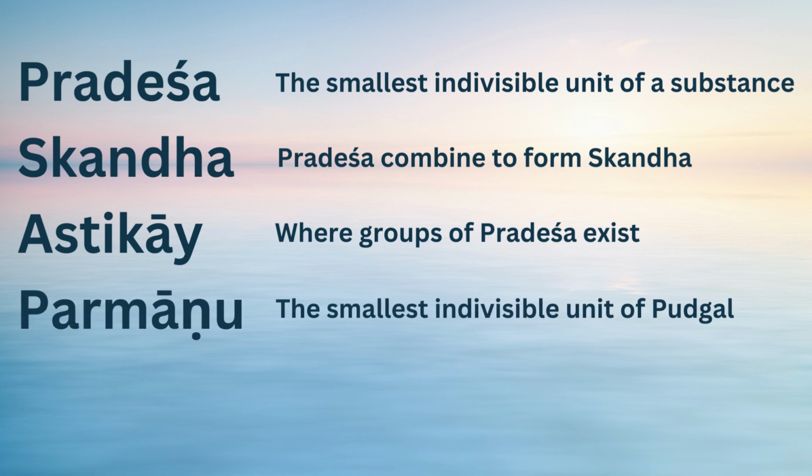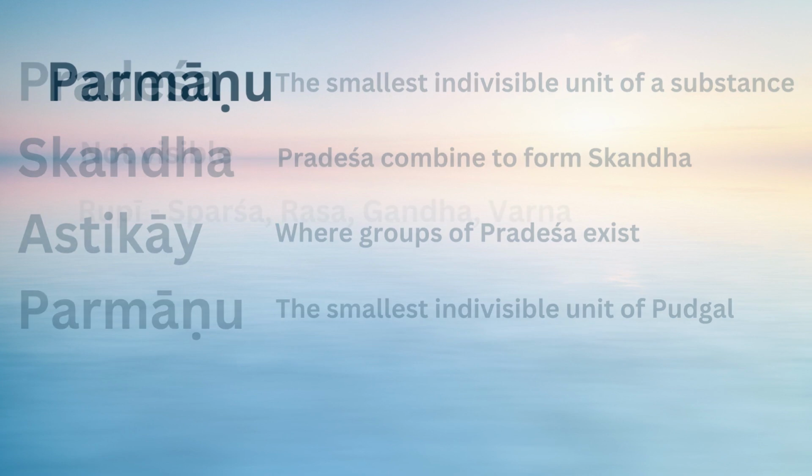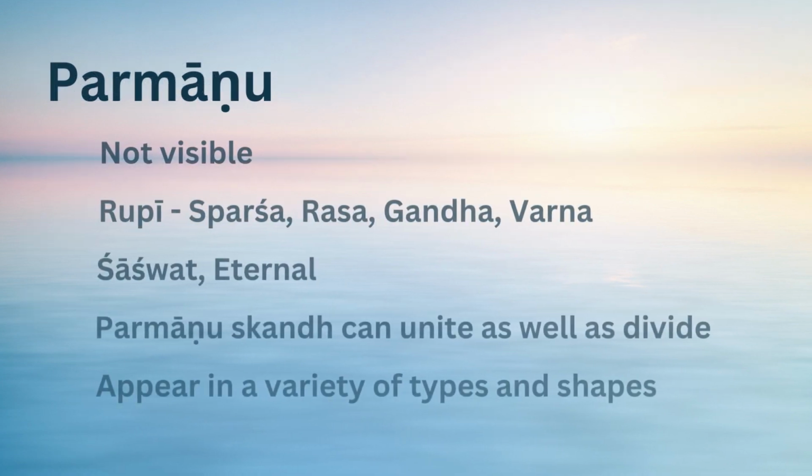The difference is that the Pradeśa of Dharmāstikāy, Adharmāstikāy, and Akashastikāy cannot be separated from their skandha. For Pudgal, its Parmāṇu can be separated from its skandha and can rejoin skandha. There are Pudgal skandha Pradeśa too. Parmāṇu is not visible.